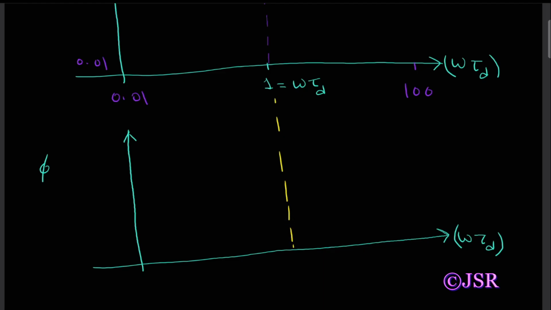When omega tau d is 1, the angle is minus 57 degree.